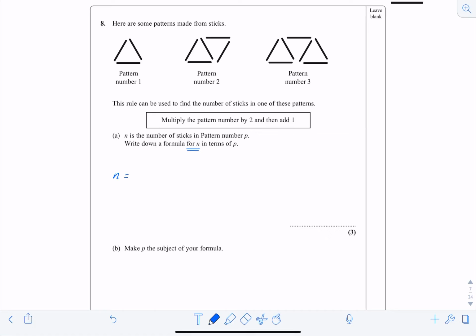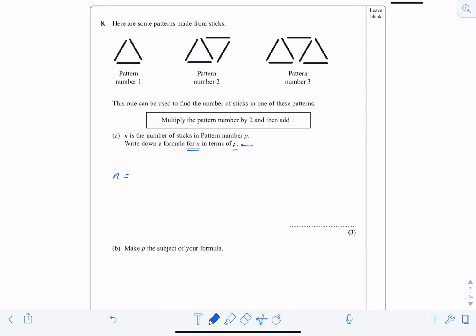And then everything on the other side is just going to only include the letter P. It might have some numbers in there, but it's got to be something which is dependent on P. So I take a certain pattern number, and then I can work out the number of sticks, which is N.